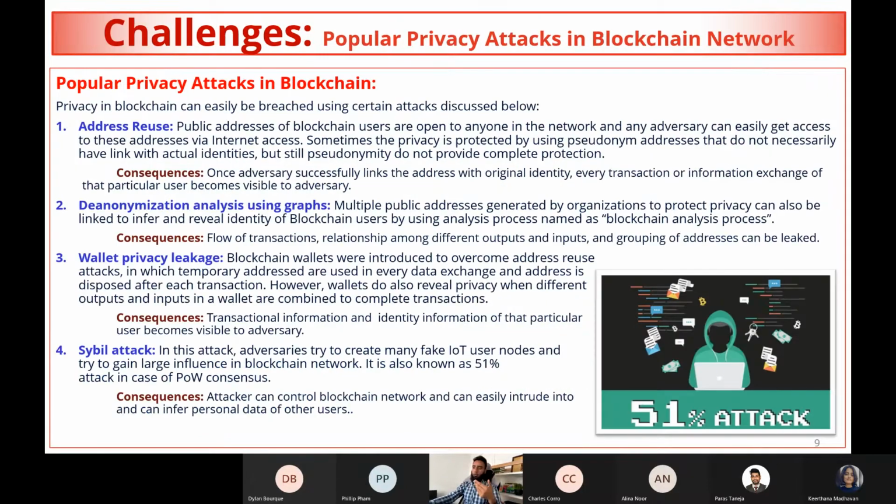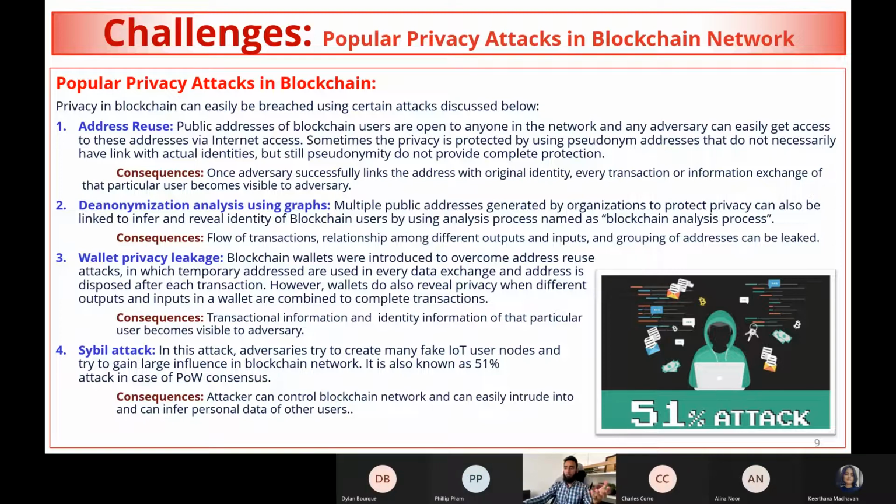Then coming back to the blockchain, some of the famous privacy attacks, or you can say cybersecurity attacks, are address reuse. Public addresses are reused in a manner that the adversary tries to successfully link the addresses with the original identity, and they try to backtrack each and every transaction.